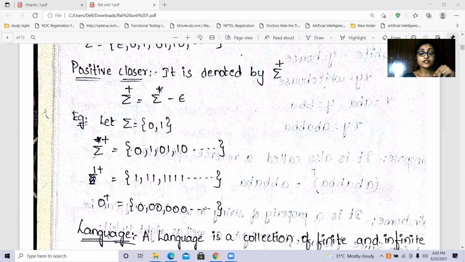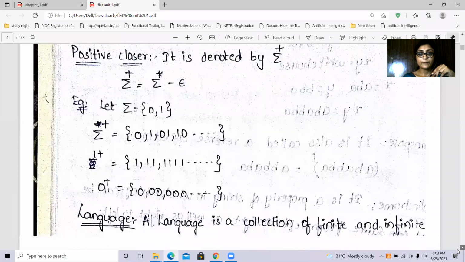For this, the positive closure can be represented as 0, 1, 01, 10, and so on. In this way, we can develop a positive closure for a given alphabet. And we can simply write this as: sigma positive is equal to sigma star minus epsilon.